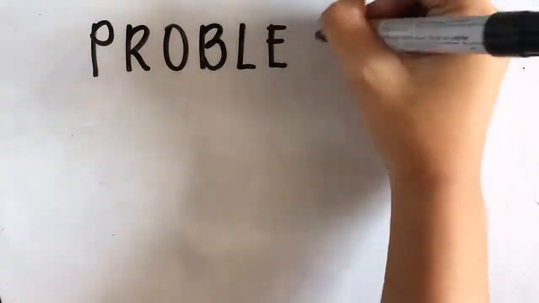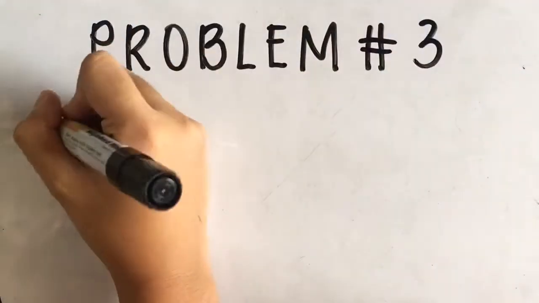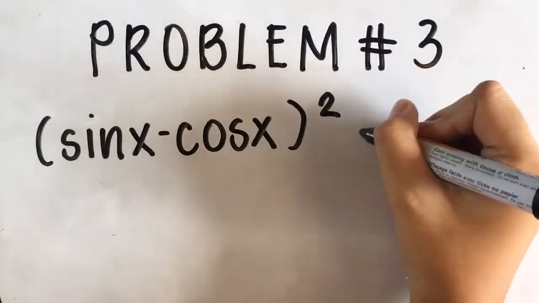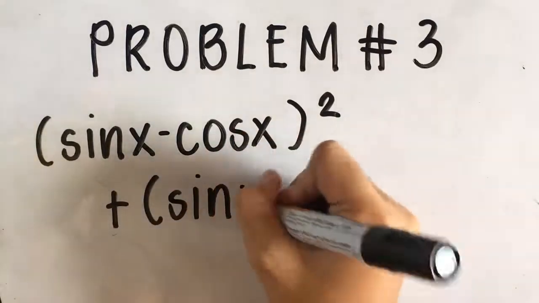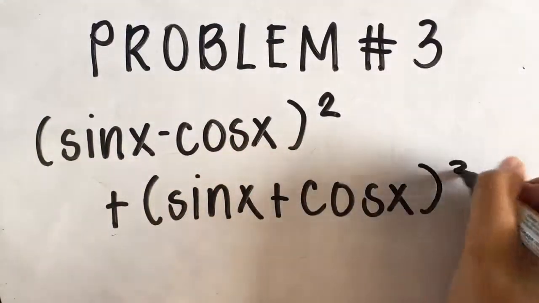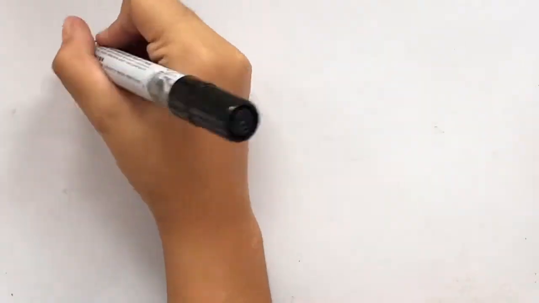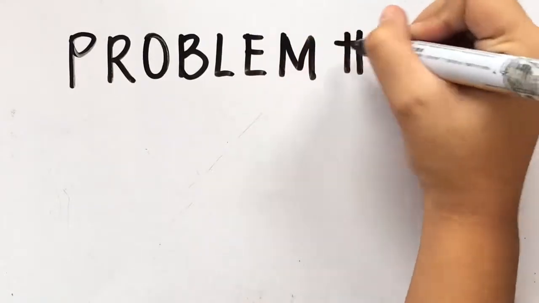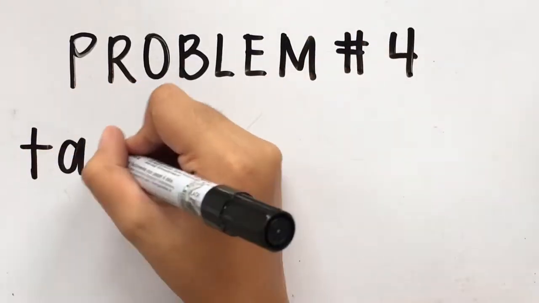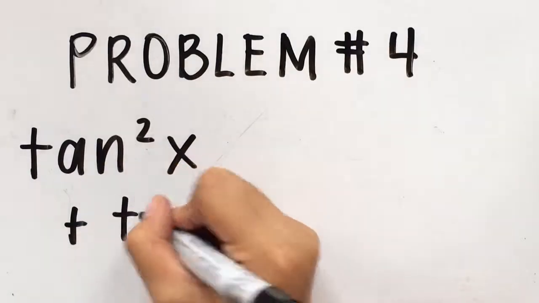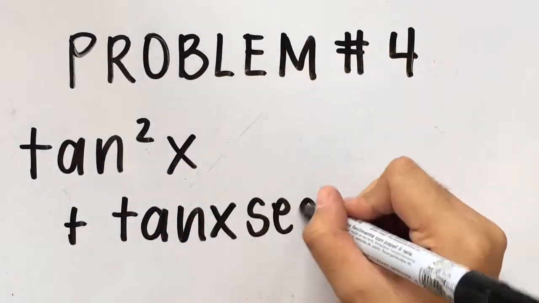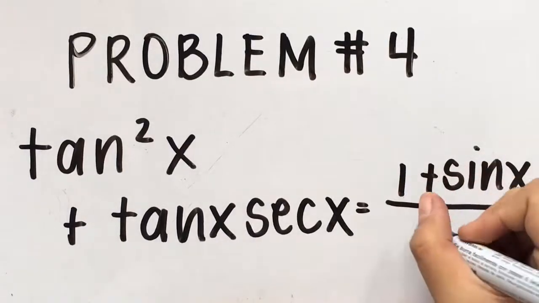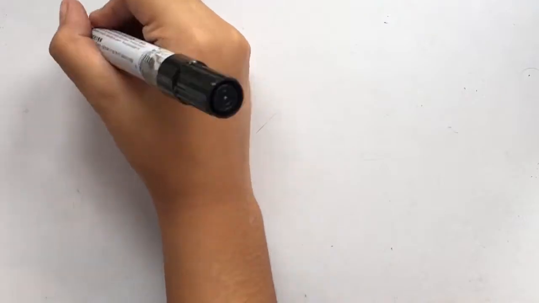For problem number 3, we have sine x minus cosine x squared plus sine x plus cosine x squared. And we have our problem number 4. Tangent squared x plus tangent x and secant x equals 1 plus sine x over cosine squared x.